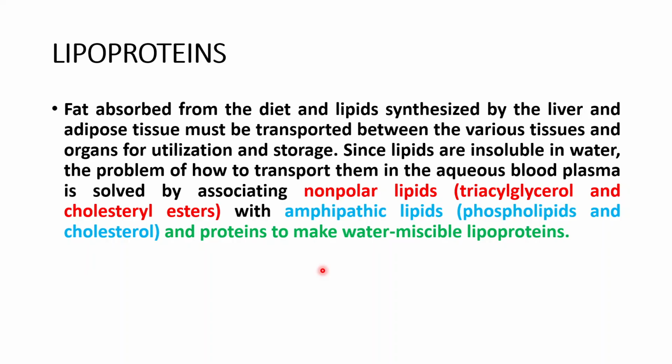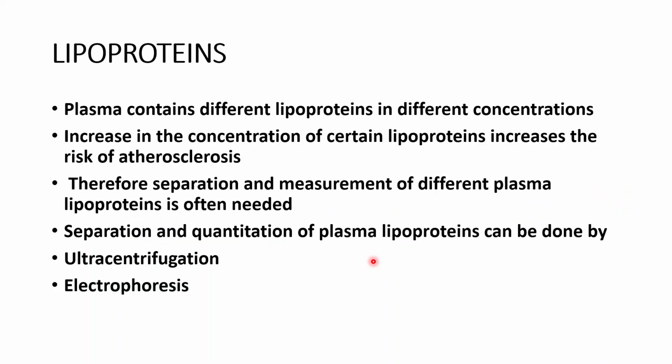So both cholesterol and the phospholipids, now you know the structure of cholesterol and also the structure of phospholipid. So you can imagine that these act as amphipathic lipids and proteins to make water miscible lipoproteins. Okay, the non-polar lipids will stay inside, and the amphipathic lipids will face the polar part of this towards the aqueous moiety.